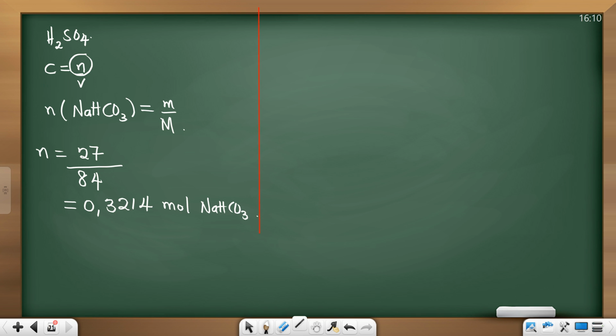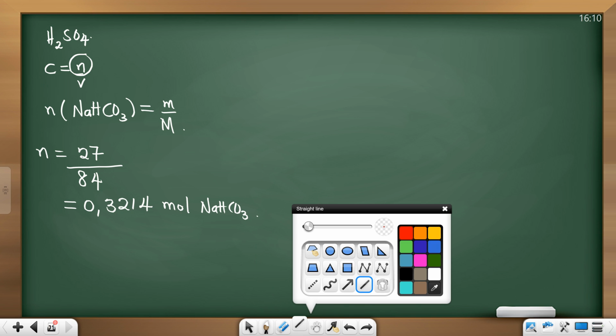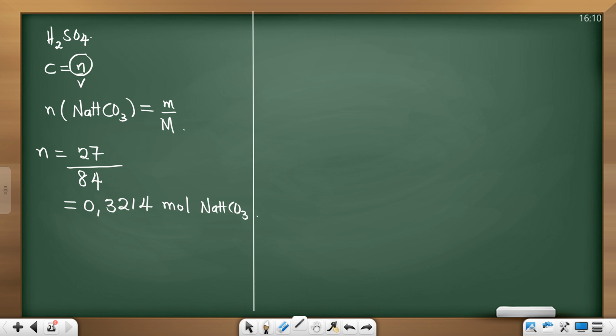What's the next step? Mole ratio. If you get something like this in your paper, I want you to sweep all the marks. What do we have? H2SO4 and NaHCO3. What's the mole ratio? Which one is 2?